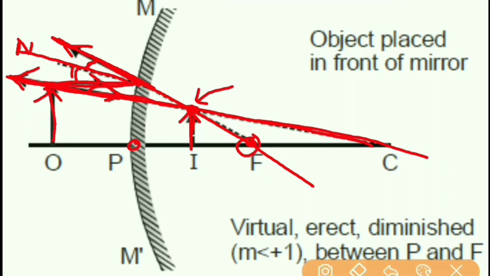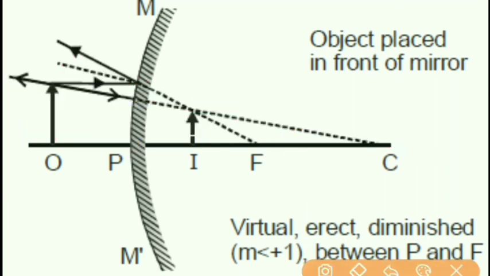So we know that when the object was at infinity, the image was here. But when the object is now brought closer towards P, the image slides towards P. So this is the case for the convex mirror. As the object moves towards the pole, the image will also move towards the pole.